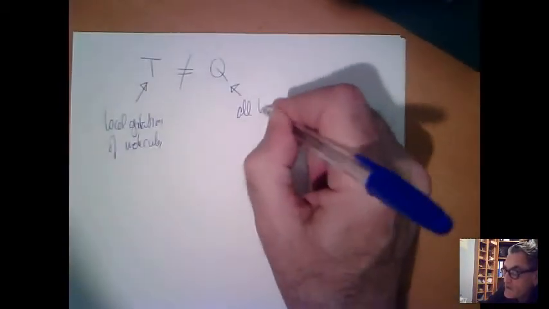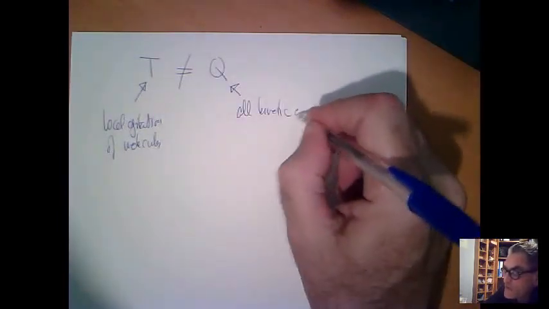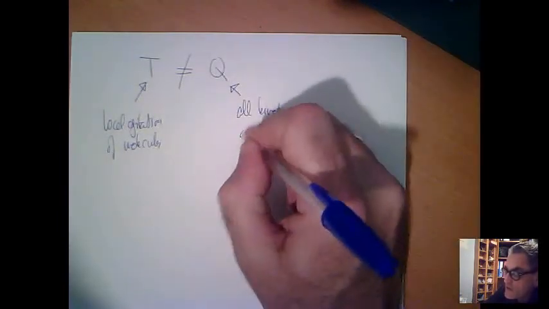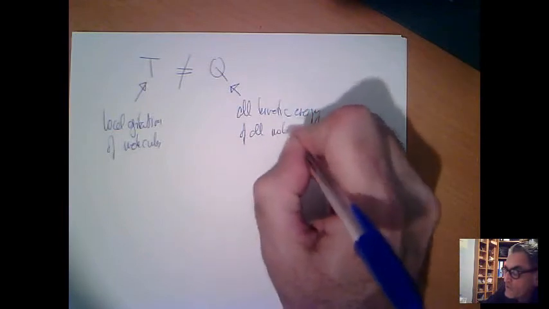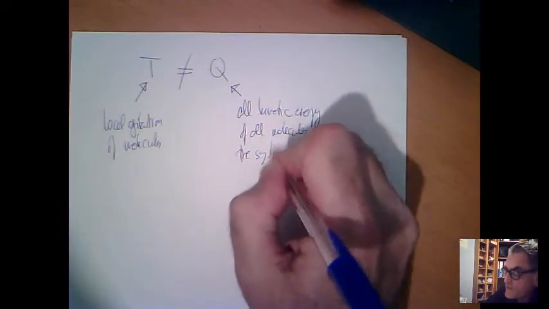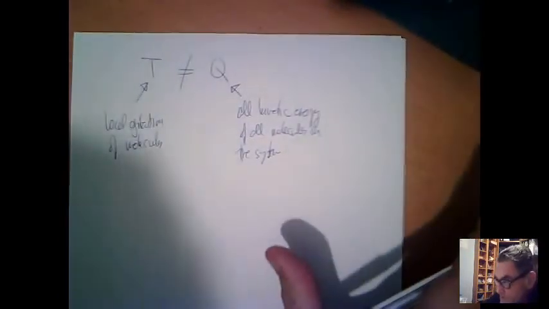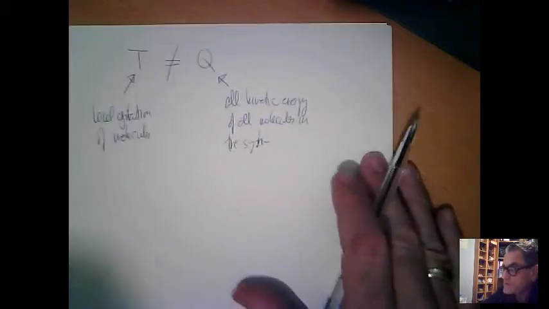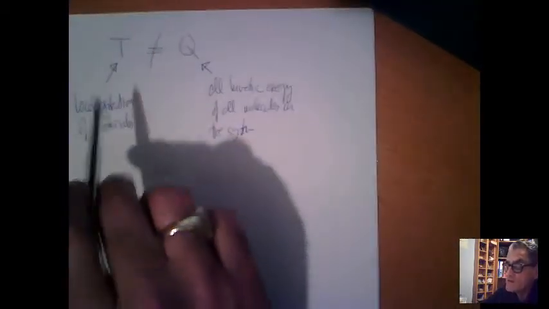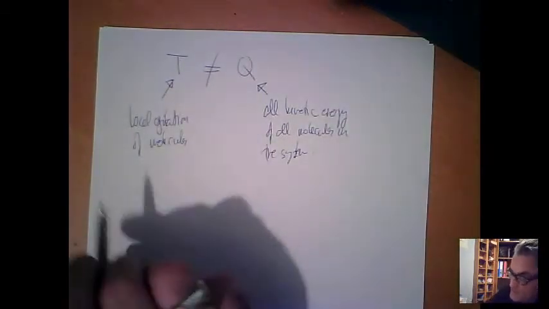Whereas the heat encompasses all the kinetic energy of all the molecules in the system. So it's two very different things. The heat depends on the whole system, and if you double the system, you will double the heat it contains, whereas temperature is a local measurement at one point in the system.